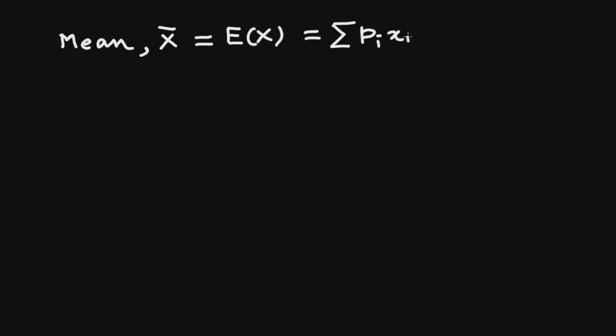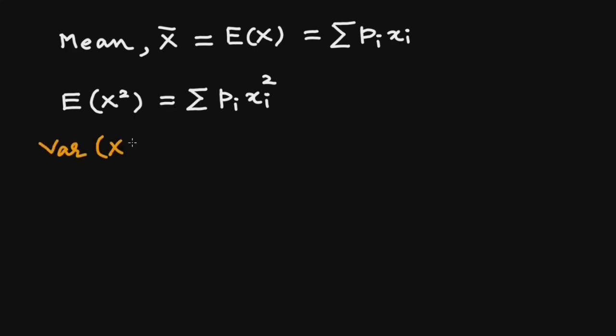We know mean x bar is expectation of x, which is summation pi xi, where pi is the probability and xi is the value of the random variable. We can find expectation of square of random variable as summation pi xi square.